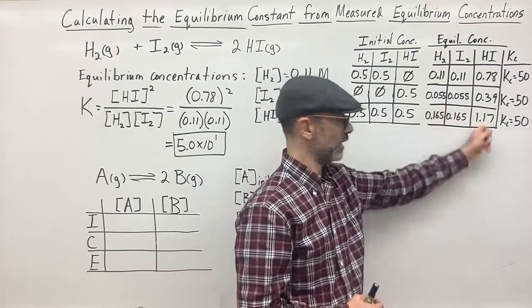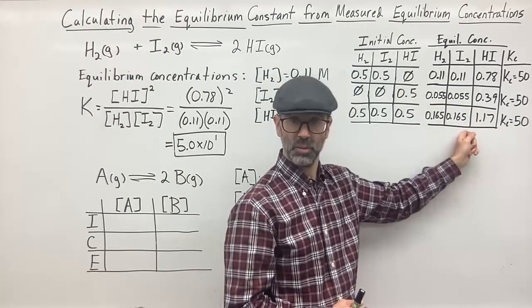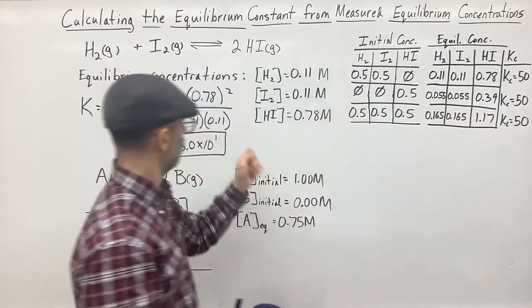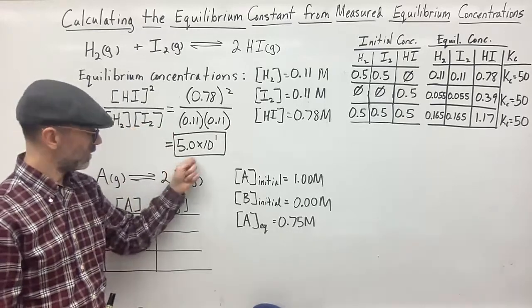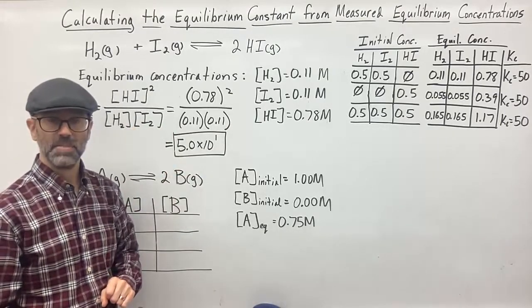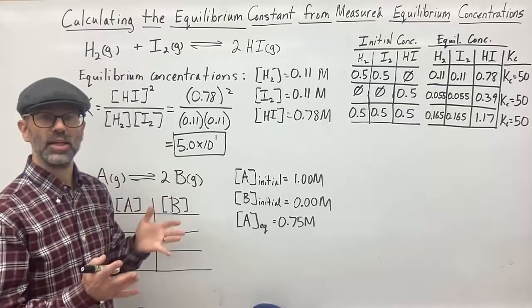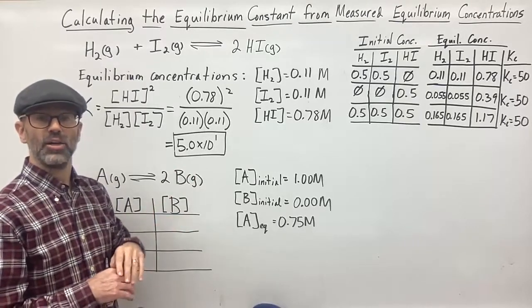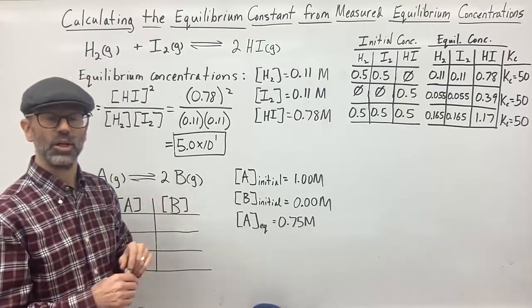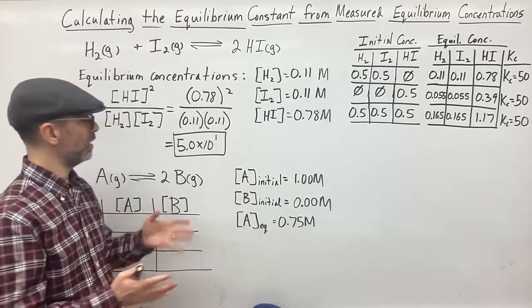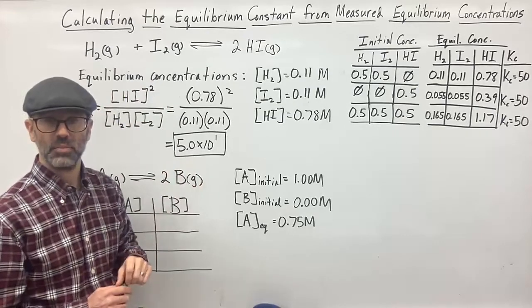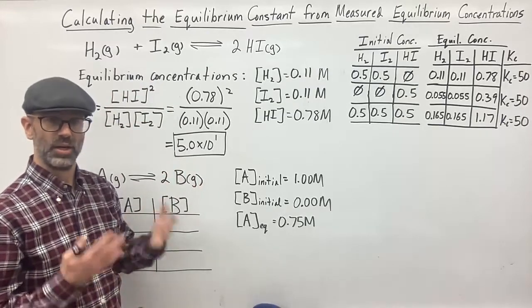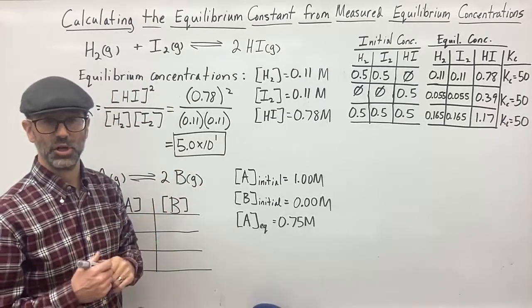But if I plug these values into my expression, I get the exact same constant. So no matter what the initial conditions are, you'll get different equilibrium concentrations, but the expression will still give you the same constant, given that we don't change the temperature.